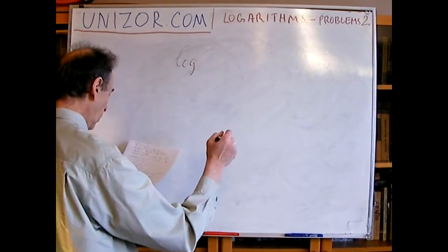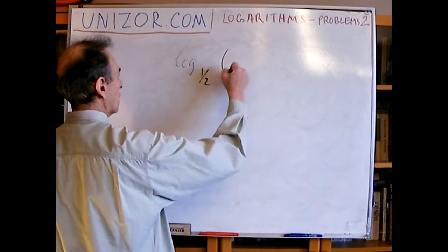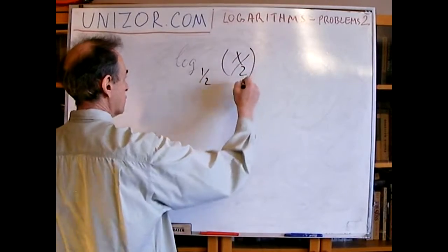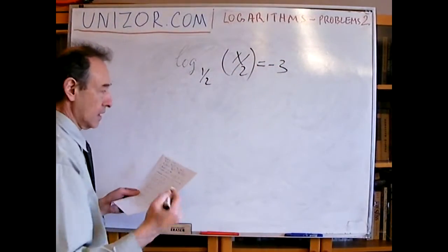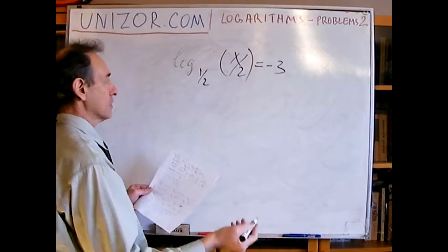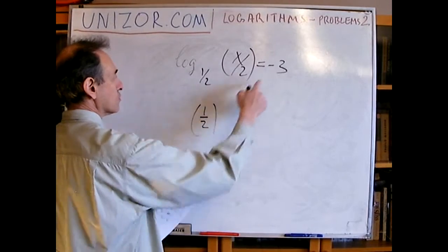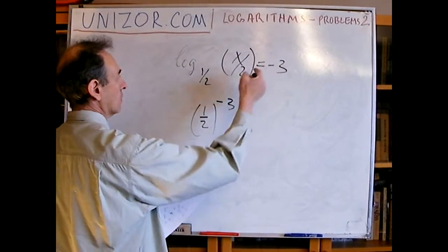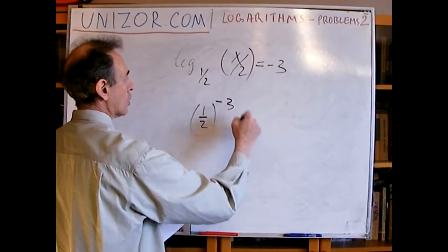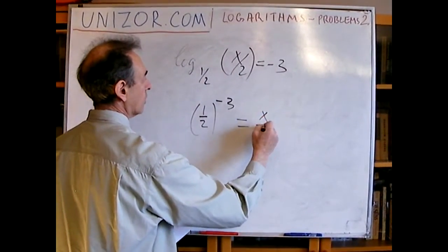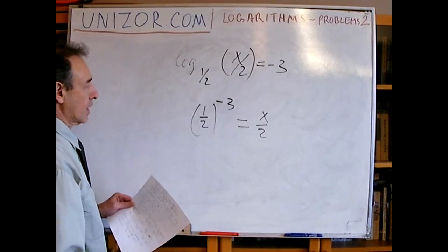Next, log base 1/2 of x over 2 equals -3. Again, using the logarithm's definition, the base 1/2 raised to the power -3, which is the value of the whole logarithm, should be equal to whatever is under the logarithm, right?